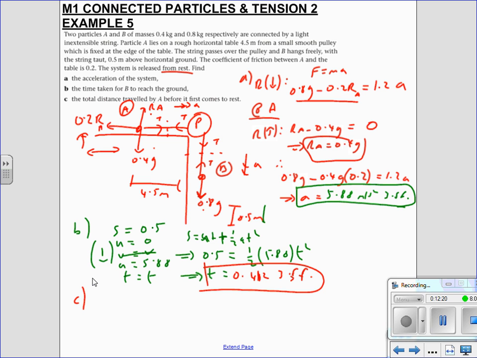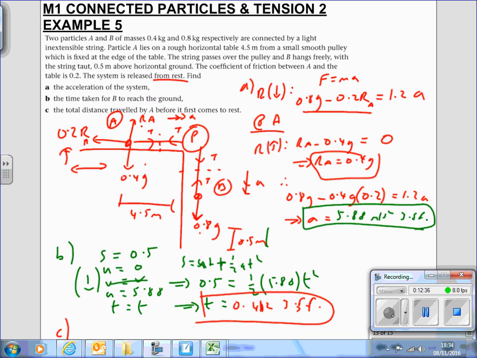Part C, find the total distance travelled by A before it comes to rest. Well, we need to think about this in a few stages, don't we? Because once particle B hits the ground, A is still going to be moving, but it's got to fight friction though, hasn't it?